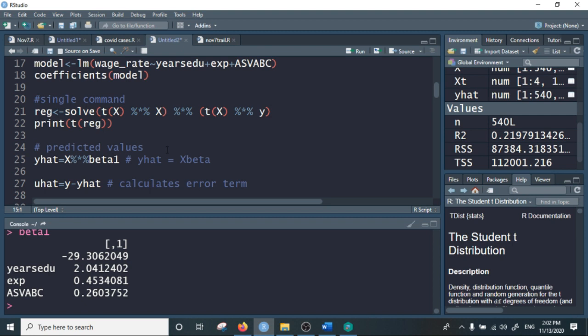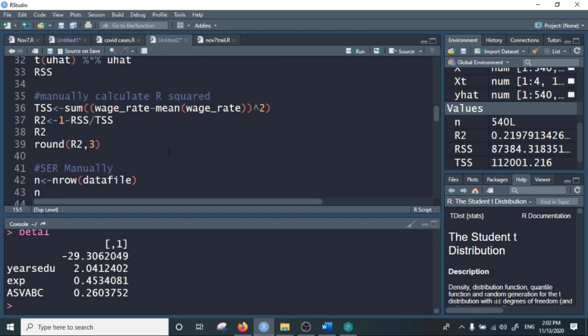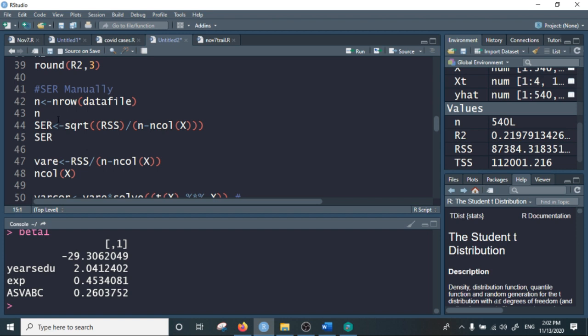And while defining the standard error of regression, we divide the residual sum of square, or the unexplained variation, by n minus the number of parameters, which in our case is 4. We can simply write 4 here, but it can also be found from the number of columns in our x vector. The number of columns in our x vector is 4. So this is simply n minus 4.